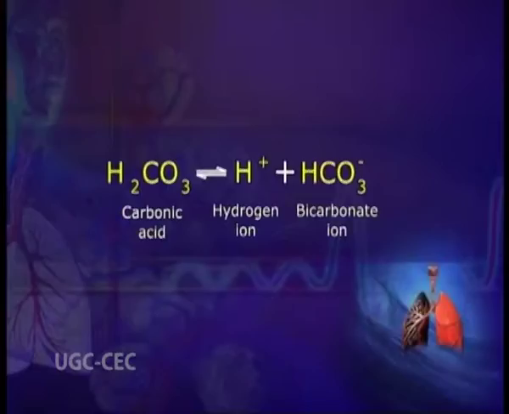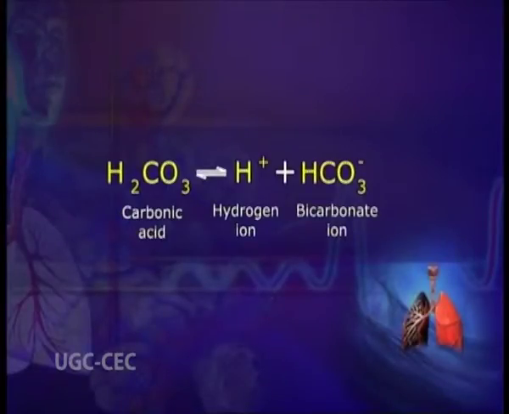Peripheral chemoreceptors are less important than central chemoreceptors in the responses to an increase in PCO2. The central chemoreceptors are stimulated and respond vigorously to the resulting increase in H+ level.